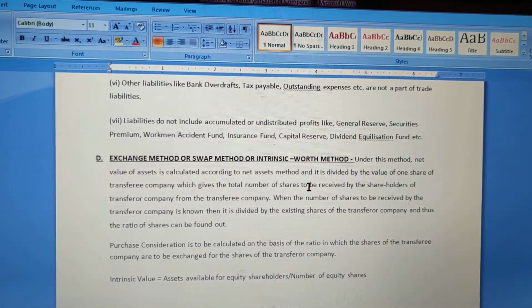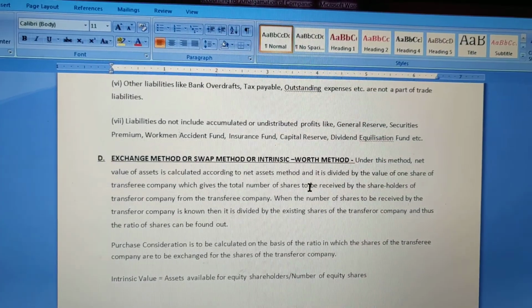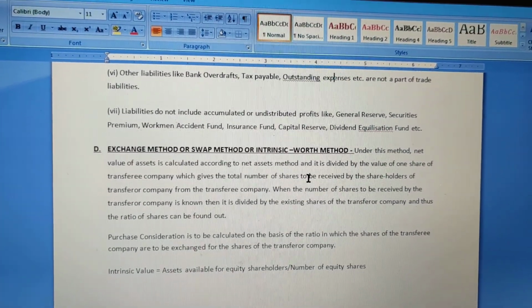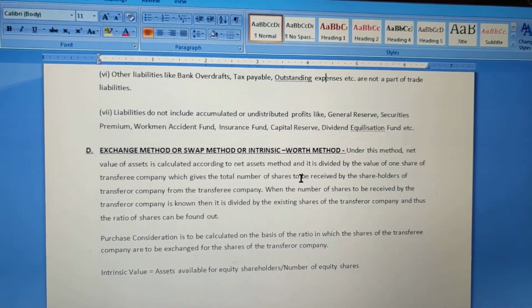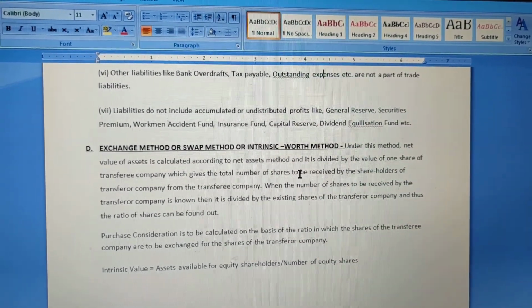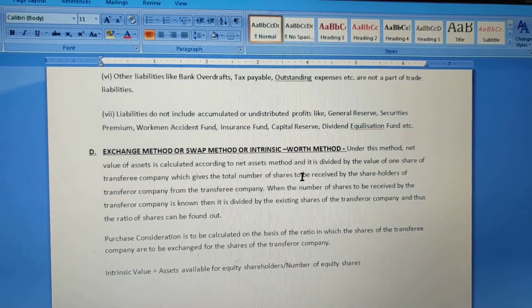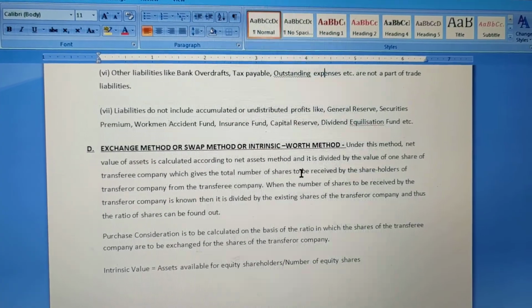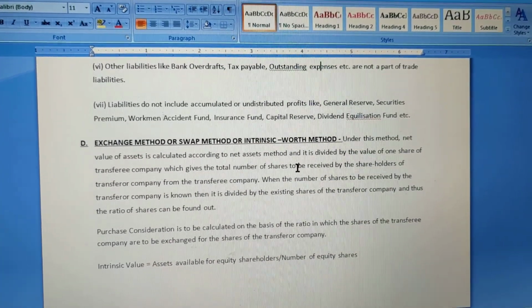See, when you close the books of the vendor company, the selling company, first you have to make your realization account, in which you transfer all the assets and all the liabilities which will be taken over by the purchasing company. Clear?